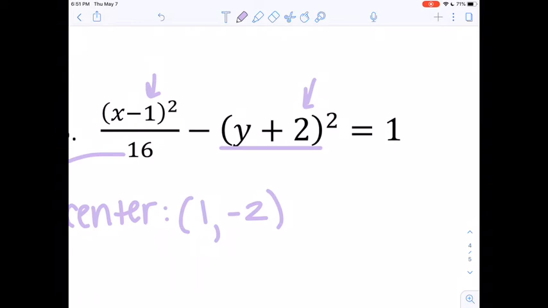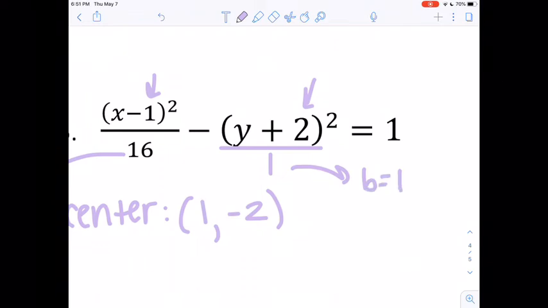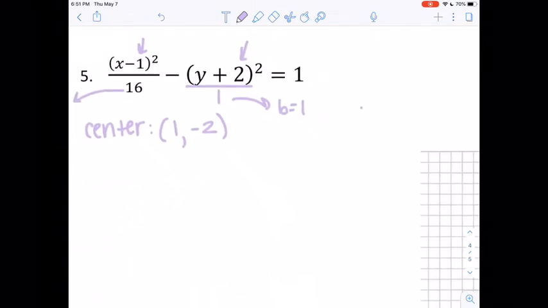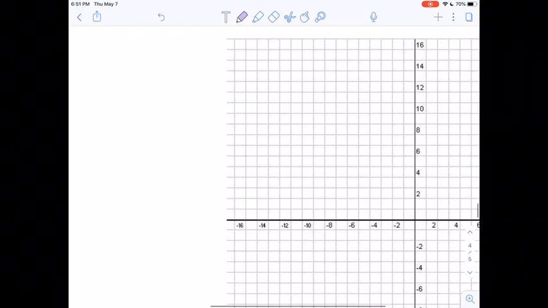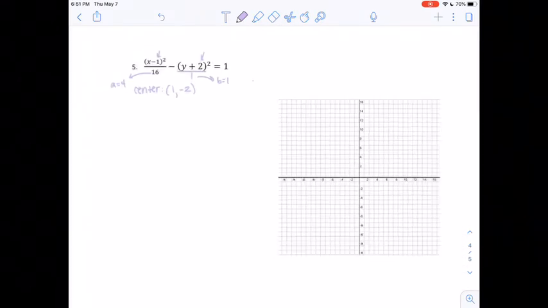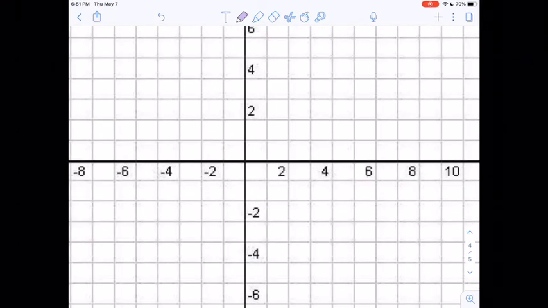Well, technically, there's an invisible 1 there. Okay, so when you don't see a denominator, just like when you see a whole number, you know the denominator is 1. And the square root of 1 is 1. So I know along the y-axis, I'm only going to be moving 1 spot. So my center is at 1, -2.